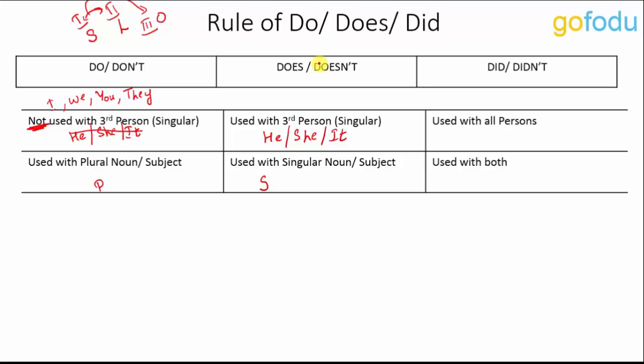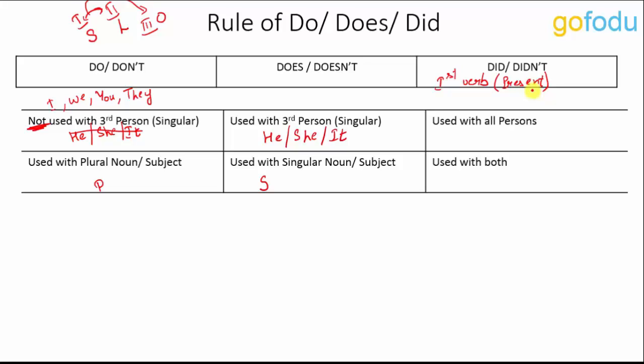Now there is one major difference between these three, and that is specific about did, that did is always used with the first form of the verb. Now what exactly is the first form of the verb? That is the present form of the verb. A verb actually has three forms. Present, that's what shows what's happening right now.